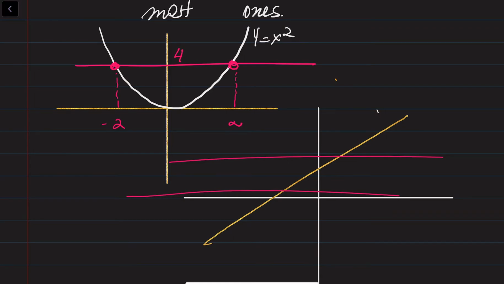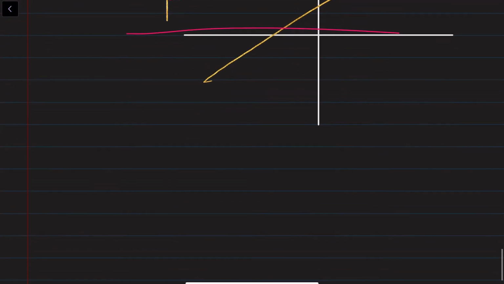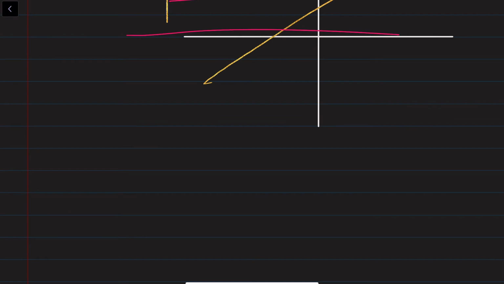Now, if you're given a one-to-one function, how do you find its inverse? The algorithm of finding the inverse is the following.